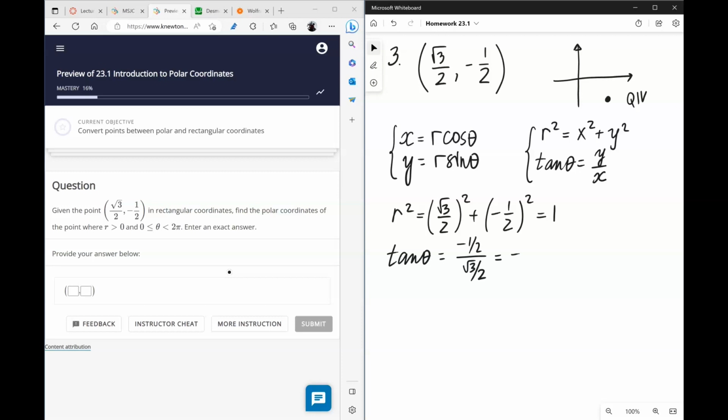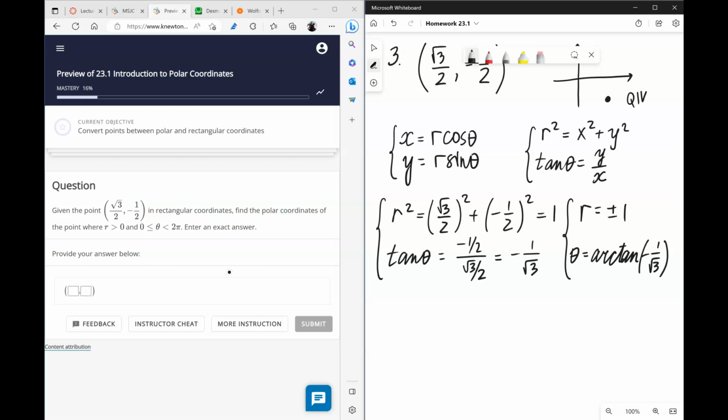So it's just negative 1 over root 3. And solving the first equation gives us r equals plus or minus 1, and solving the second equation gives us arctan of negative 1 over root 3.